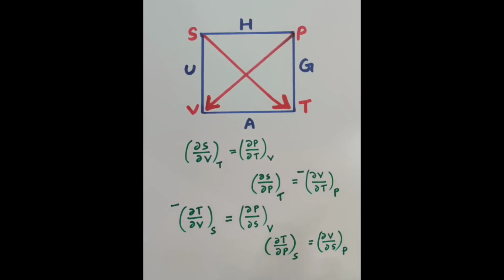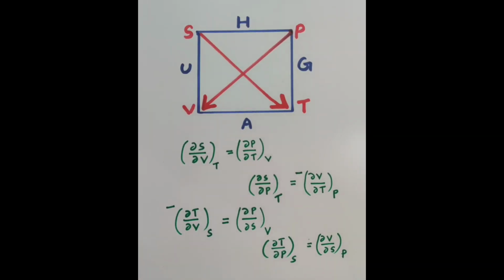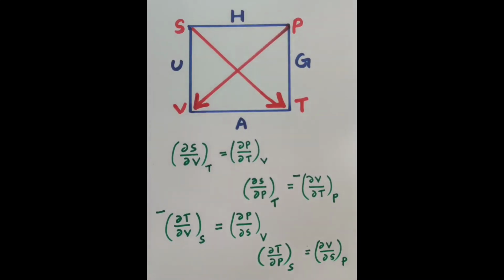Hence we have the expression dou T by dou P at constant S equal to dou V by dou S at constant P.